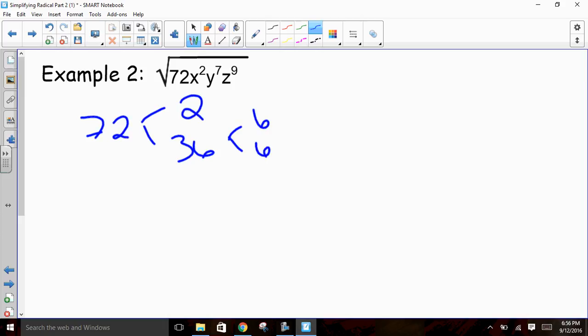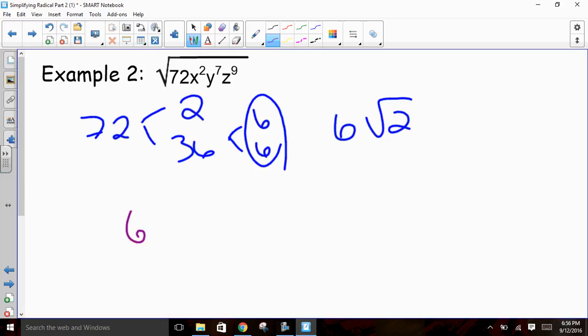It's 6 times 6. There's my group to come out. That's what's going to stay underneath. So we're going to leave that off to the side for a second, because more things can come with that. And then 2 stays underneath.